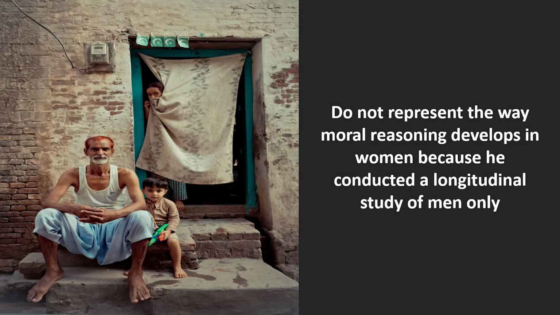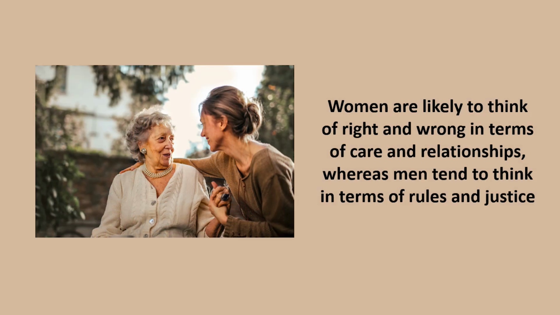It does not represent the way moral reasoning develops in women, because he conducted a longitudinal study of men only. According to Gilligan, women are likely to think of right and wrong in terms of care and relationship, whereas men tend to think in terms of rules and justice.